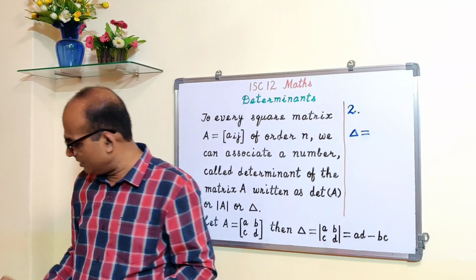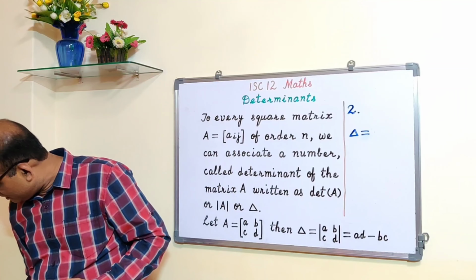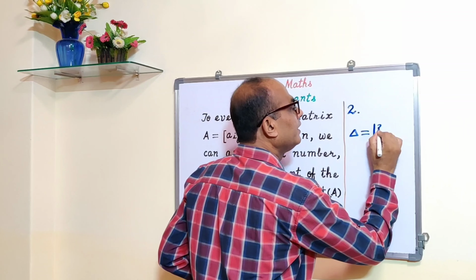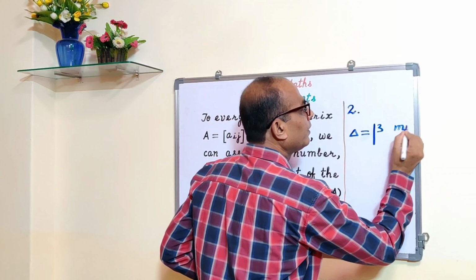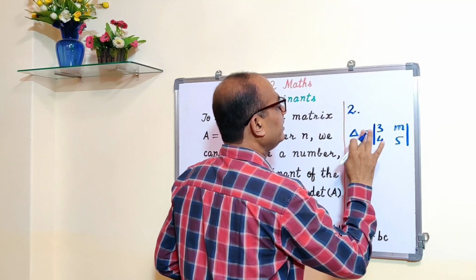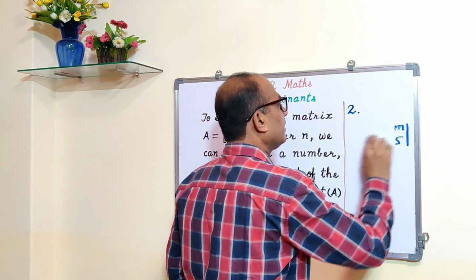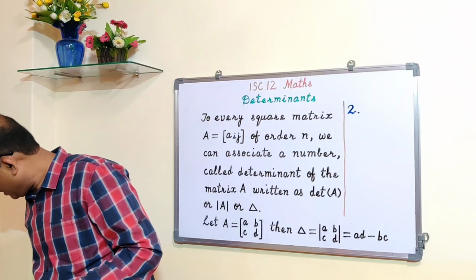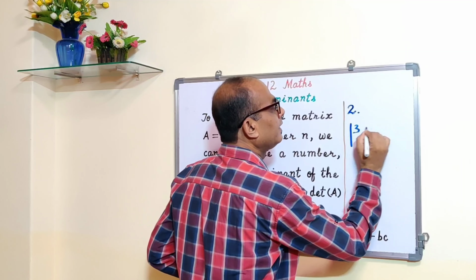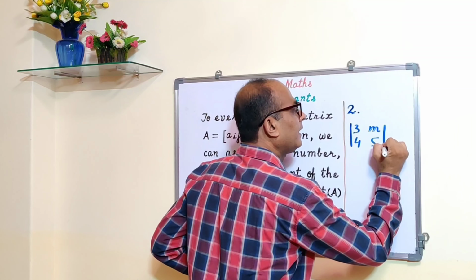This is my second question, but in the book it is the third question. The determinant 3, M, 4, 5 is given to be equal to 3.